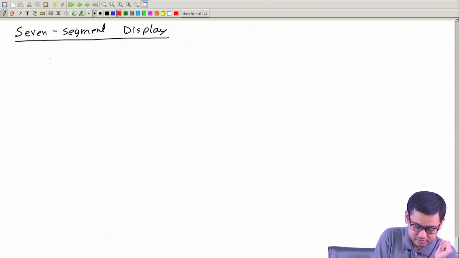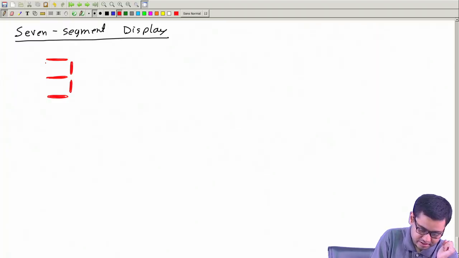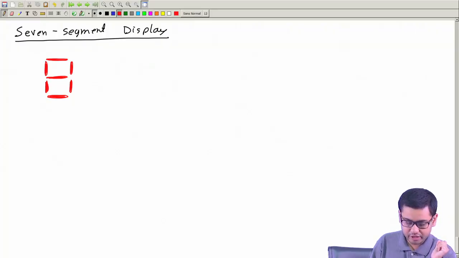So this is one light, this is another light, another, another, another, another. How many do we have? 1, 2, 3, 4, 5, 6, 7. This looks like the number 8, right? So this is called a 7-segment display.